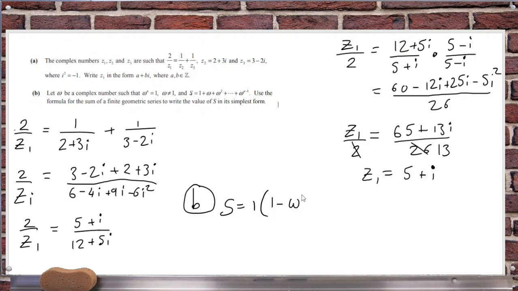The formula I'm using is a times 1 minus r^n over 1 minus r. That's over 1 minus omega. But omega to the n is 1, so it's actually just going to be 0.